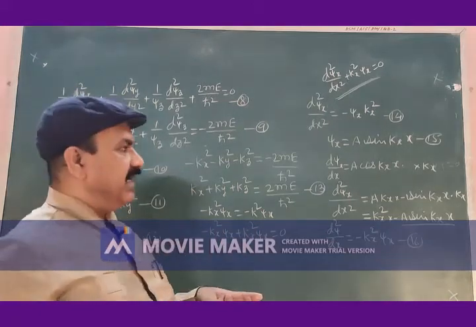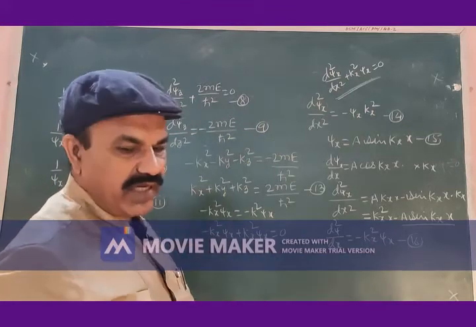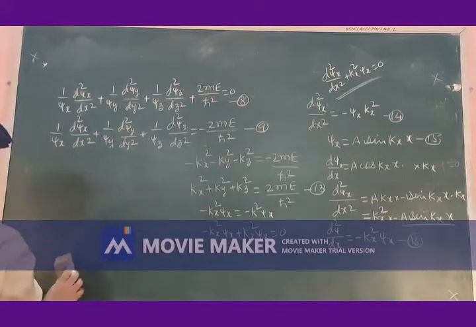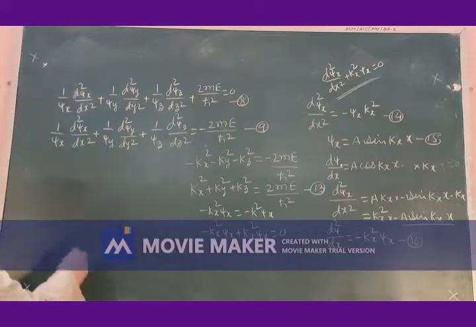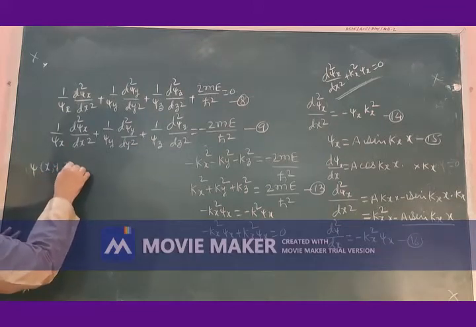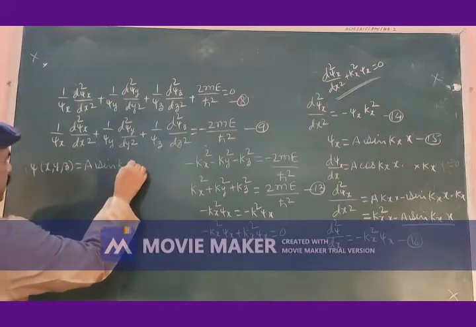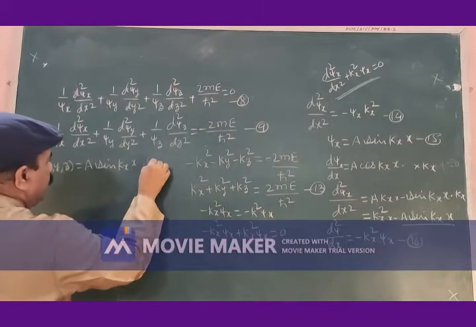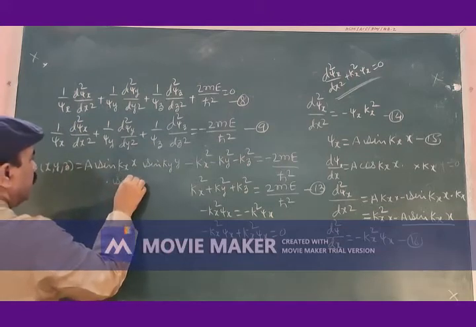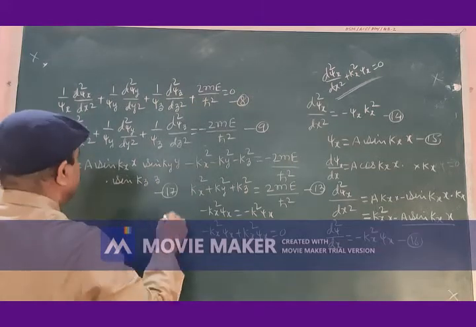And therefore, let me write the total solution for equation number 9 as psi of x y z is equal to a sin kx x into sin ky y into sin kz z, equation 17.